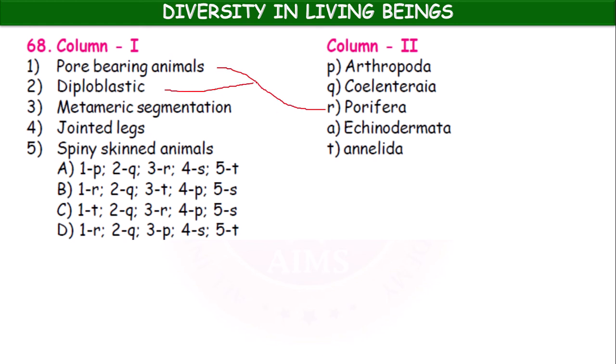Diploblastic, Coelenterata. Metameric segmentation you can see in Annelida. Okay, jointed legs, Arthropoda. Okay, then spiny skinned, Echinodermata.